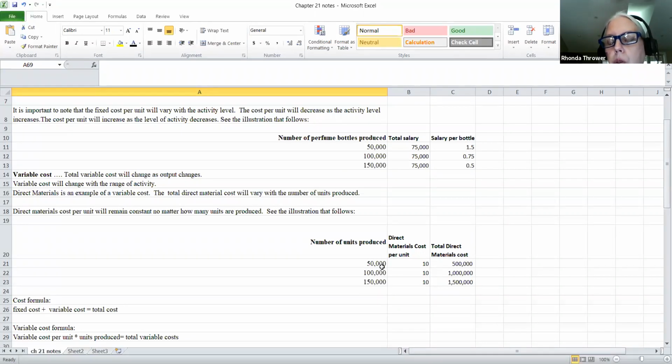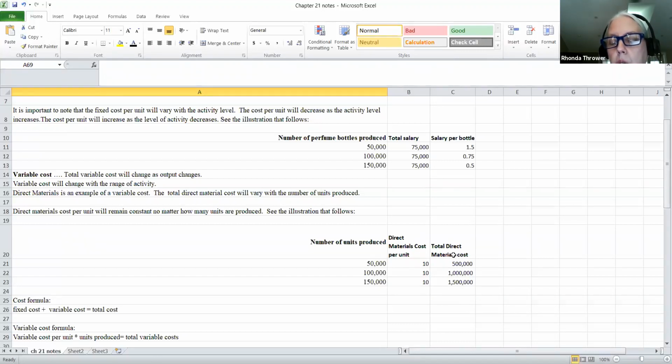So if we produce 50,000 units and the materials cost us $10 per unit, the direct materials cost will be $500,000. If we produce 100,000 units, the direct materials total cost will be $1 million. If we produce 150,000 units, the direct materials cost in total will be $1,500,000.